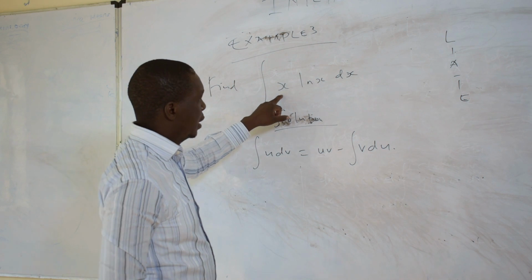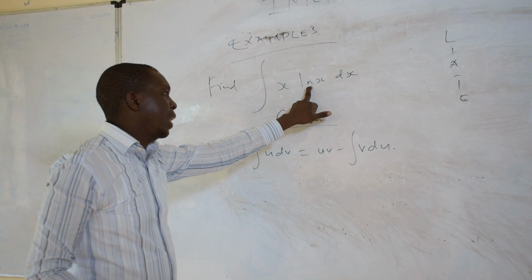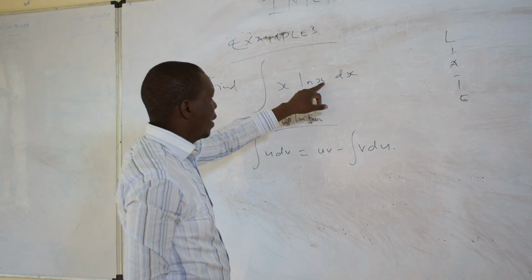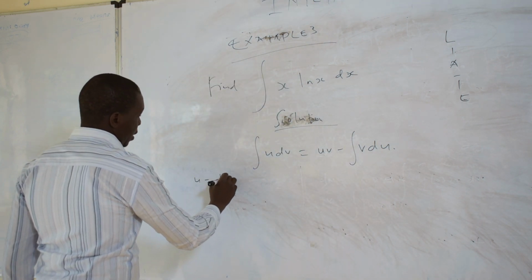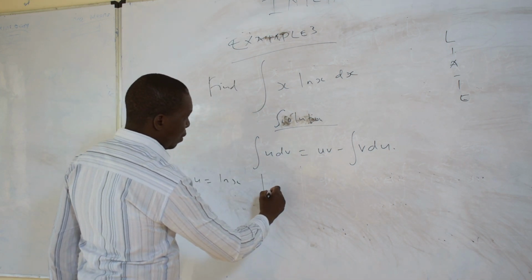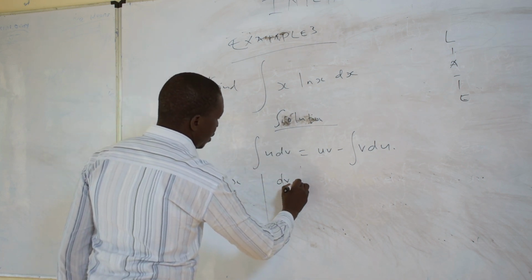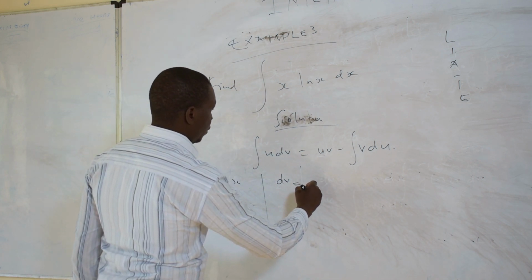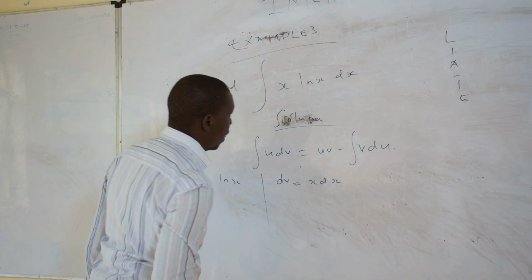Now x is an algebraic function and ln is a logarithmic function. ln x comes ahead of x, and therefore the natural log of x becomes our u. Our u is natural log of x, and our dv becomes x dx.